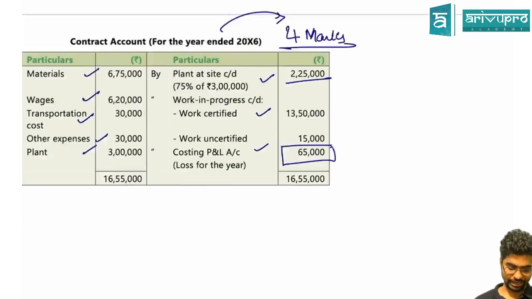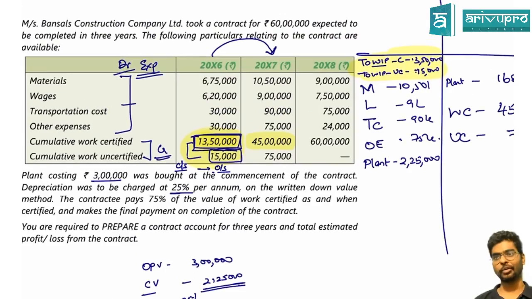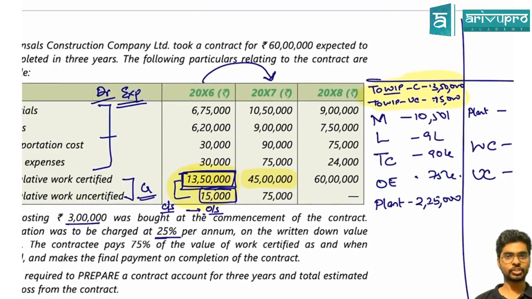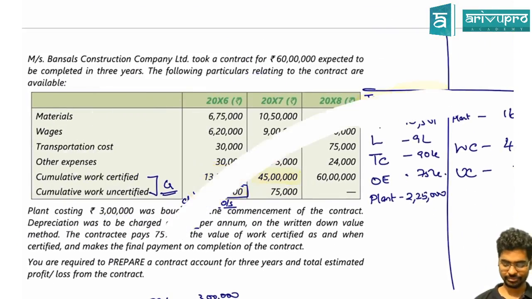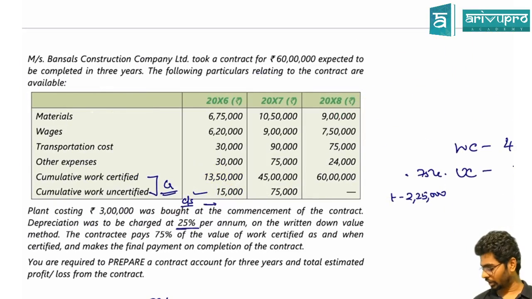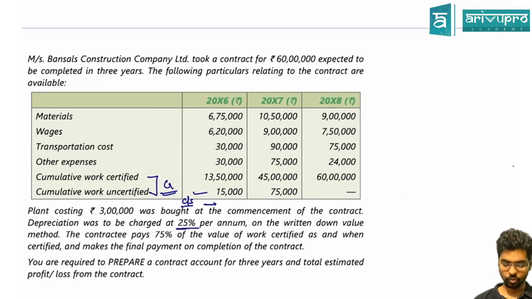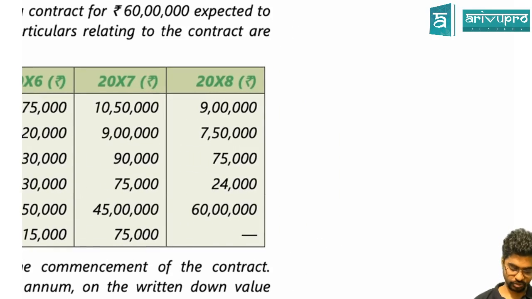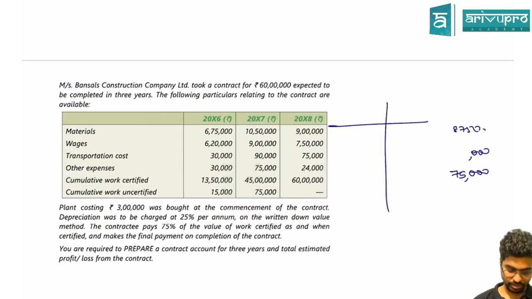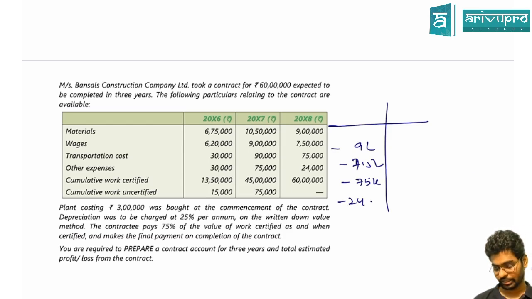Now, the third year, again the drama. Now you guys know what has to be done. If I show you this, can you guys now know how to do the third year? What all will come? If I ask you, you will write on the expenses side: material 9 lakh, wages 7.5 lakh, transportation cost 75,000, then other expenses 24,000, then plant value 168,750.